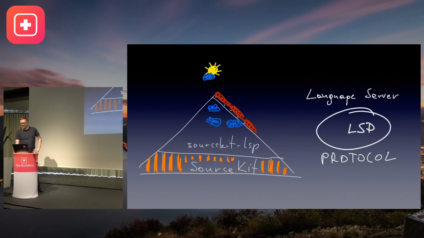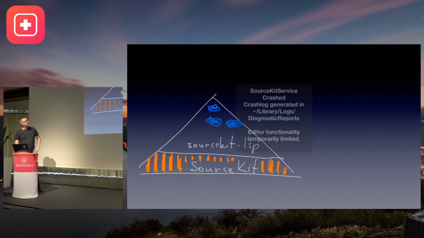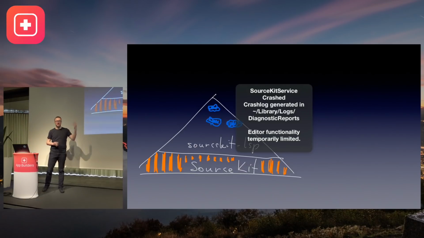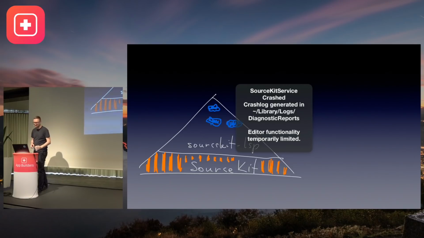Who doesn't? No. In the early days of Swift, Xcode had this problem that whenever SourceKit crashed, it displayed this in the editor. It was quite annoying, so now when it crashes, we just don't see that. It still crashes, but we just don't see it.